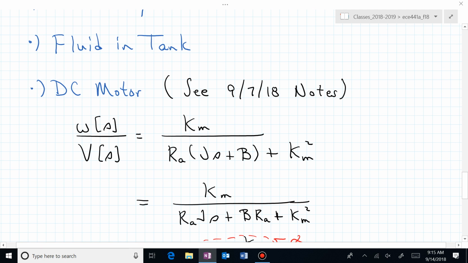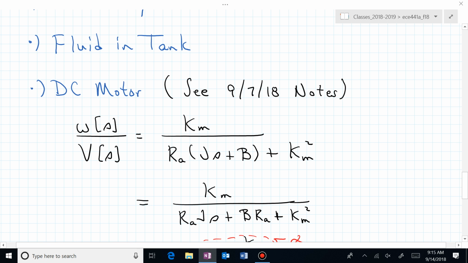You've also, I think, didn't you have a homework problem on a DC motor? Or maybe not. Maybe it was just in the notes. But you can also model a DC motor as a first order system if you were interested in the transfer function between the applied voltage to the terminals of that motor and the rotational velocity of that motor. Not its angle, but its speed of rotation, the omega.